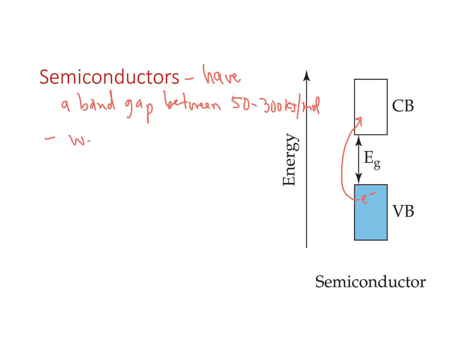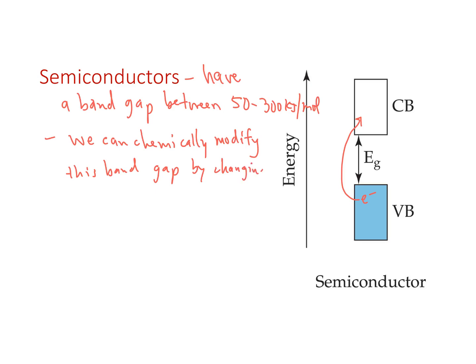So we can chemically modify, and this is what's interesting about semiconductors, is that we can change that band gap. We can chemically modify this band gap by changing the material in the semiconductor.